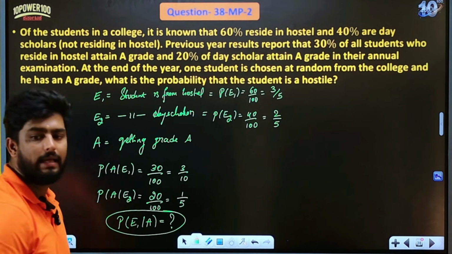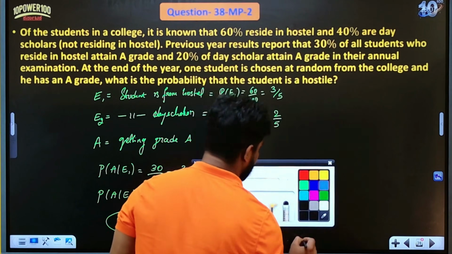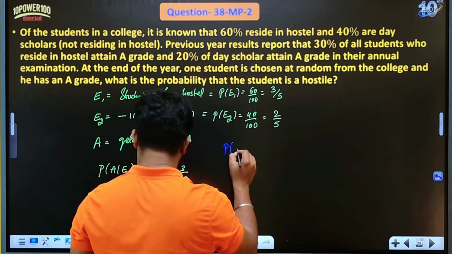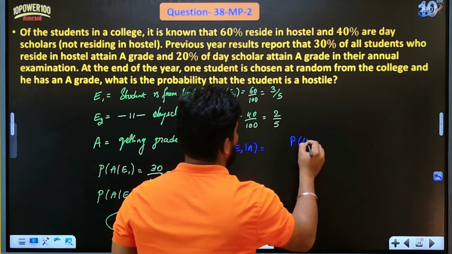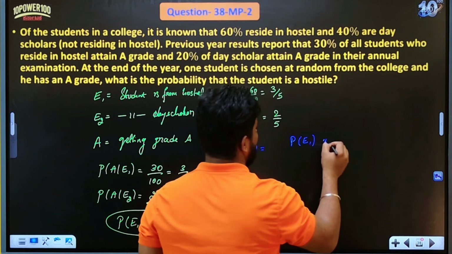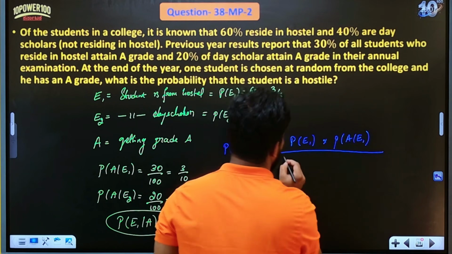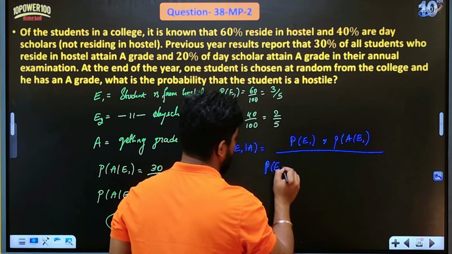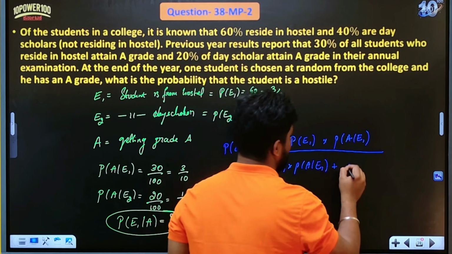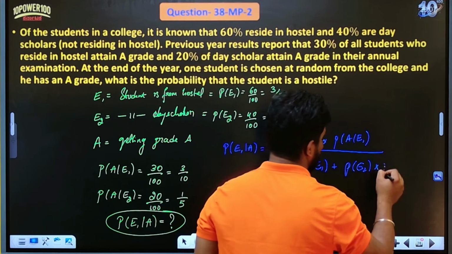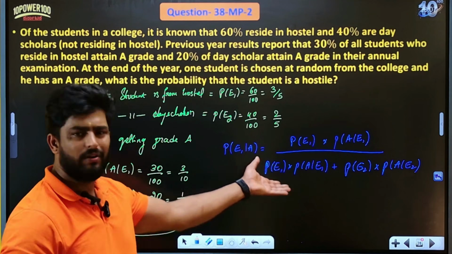Okay, so everything is ready. Let us write the formula. So the formula is probability of E1 given A is equal to probability of E1 into probability of A given E1, divided by probability of E1 into probability of A given E1 plus P of E2 into probability of A given E2. Now substitute all these values, you will get to know it.